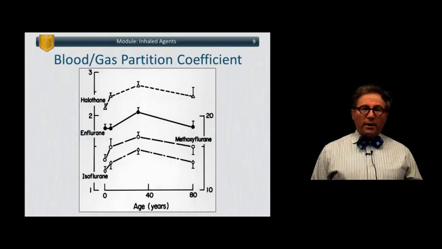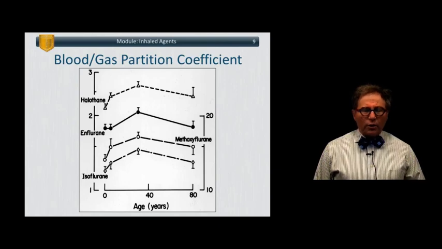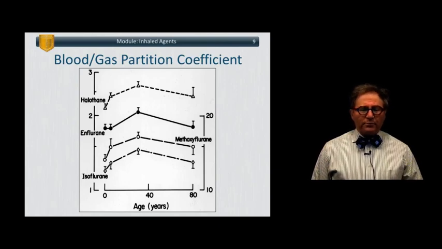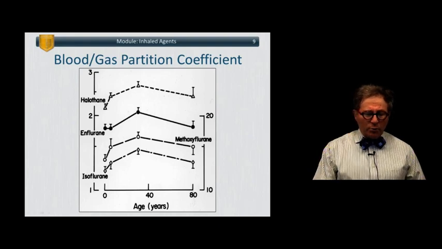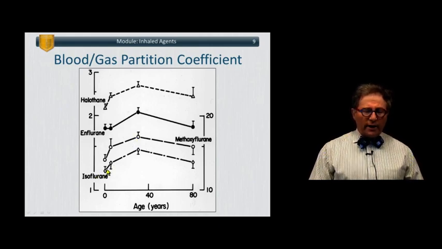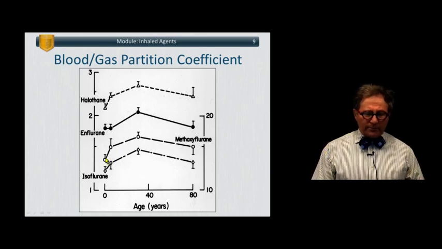In terms of the blood and the blood gas partition coefficient, we published several years ago that the blood gas partition coefficients in the newborn period, shown here on the far left, are much lower than those in adults and the elderly for all these anesthetics, from the less soluble isoflurane and enflurane to the very soluble halothane and methoxyflurane.